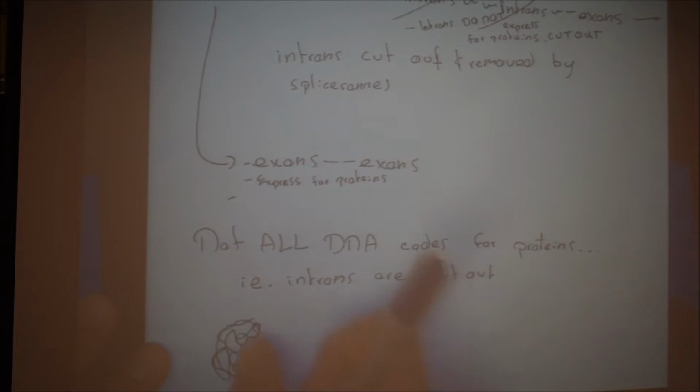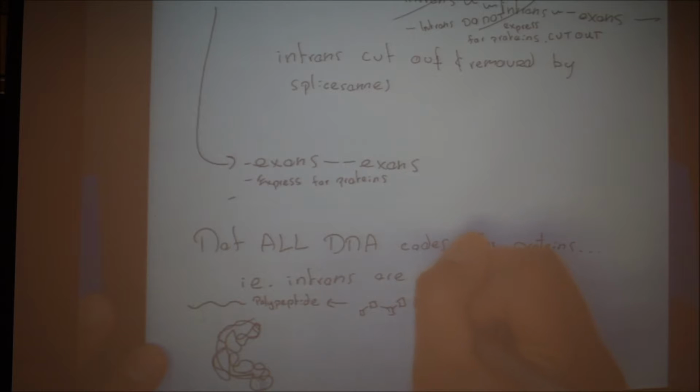This whole string, the reason why I didn't lift up my pen is because this whole string started out as a polypeptide. And before it was a polypeptide, it was a chain of joined amino acids.